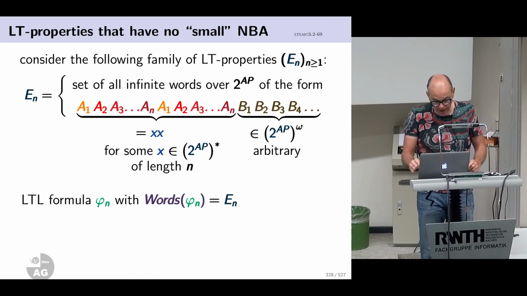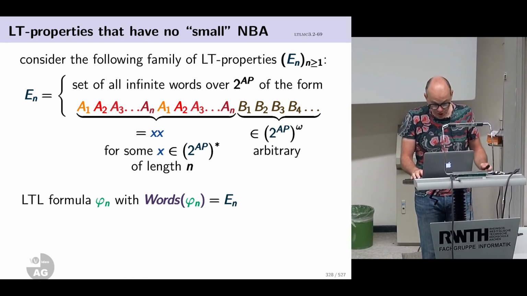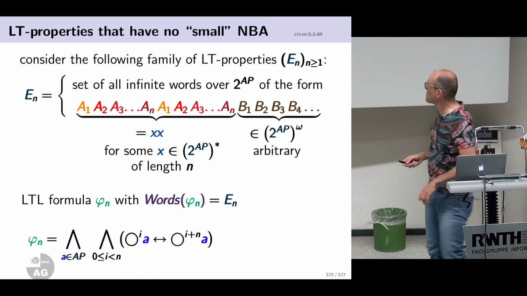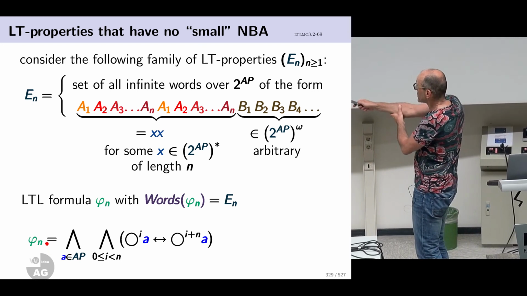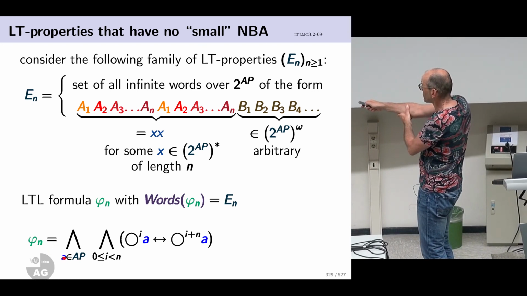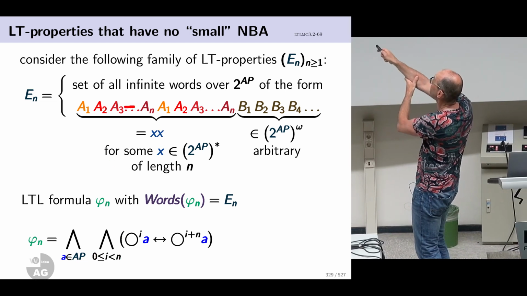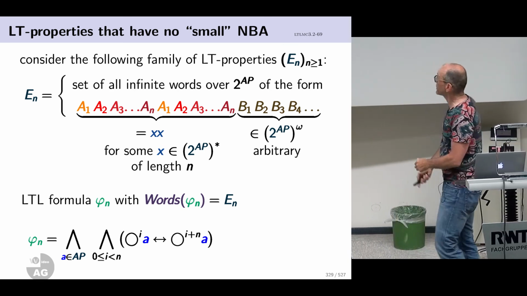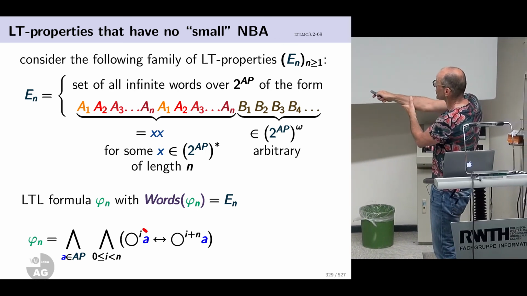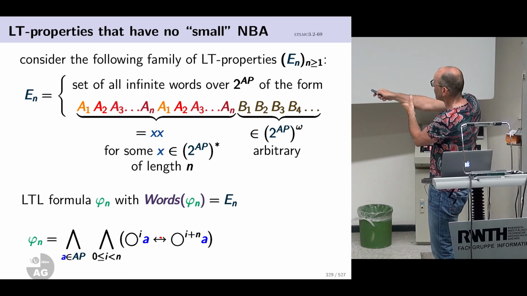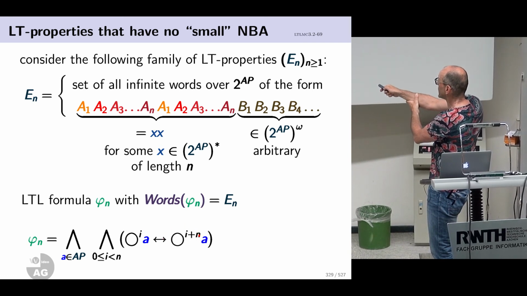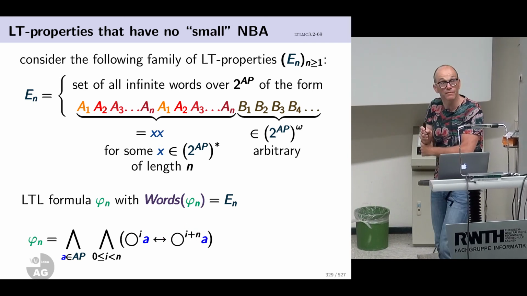So the LTL formula that corresponds to this property looks something like this. So phi n is a conjunction over all atomic propositions, AP, of some length, and here this length n again, so n again is the length of the prefix, such that if there is an A at position i, if and only if n positions later, there is an A as well.